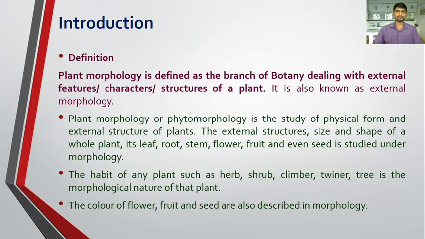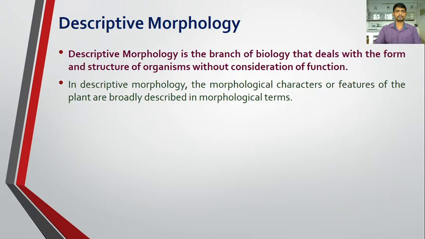The habit of the plant, for example whether it is herb or shrub or climber or twiner or tree, and the color of the flower, fruit and seed are morphological characters.